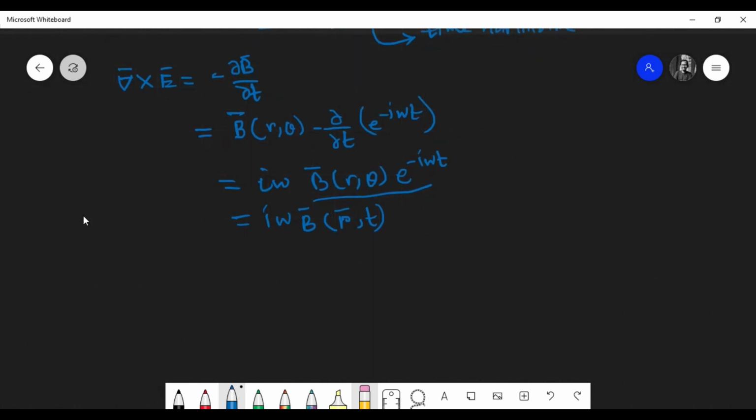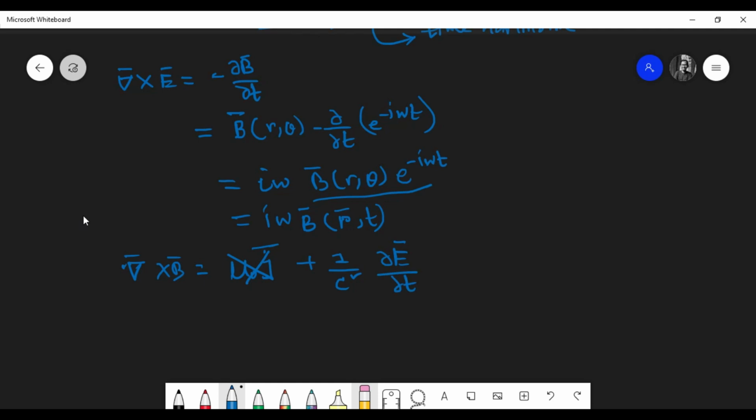By a similar calculation, you can get from the Ampere-Maxwell equation, which is this in general, but as it's a vacuum, there will be no current density. It is like this.